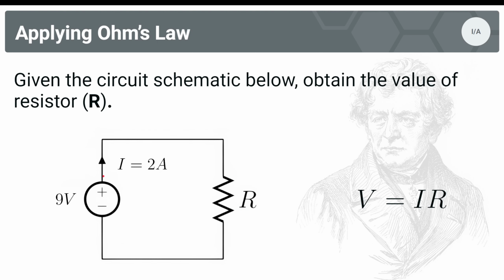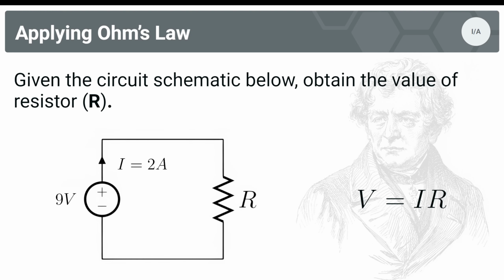But we happen to know the current that is flowing through our circuit. It's 2 amps. And so I want you to obtain the value of the resistor, knowing Ohm's law, V equals IR, and these initial values, the voltage and the current. I'm going to give you a moment to pause, so you should do that right now and find your answer.